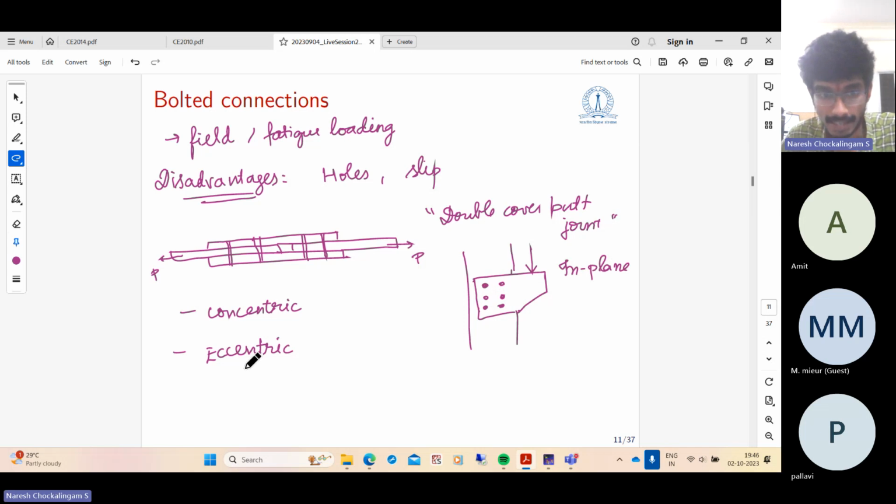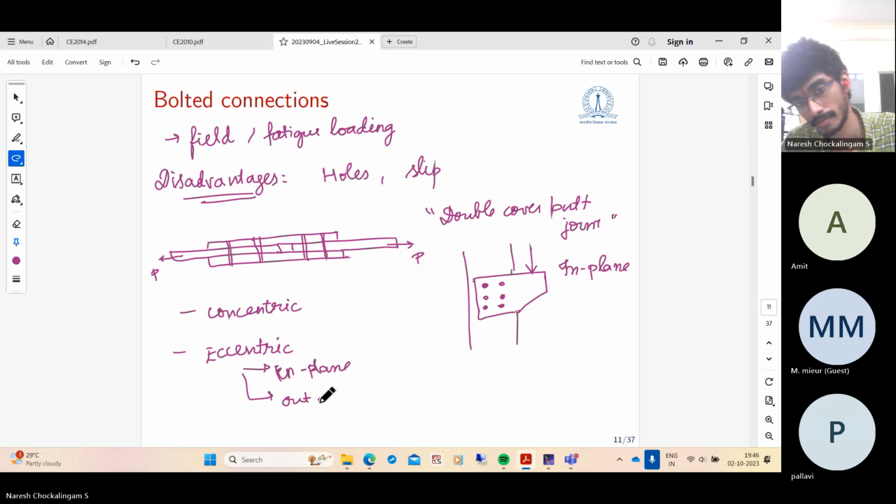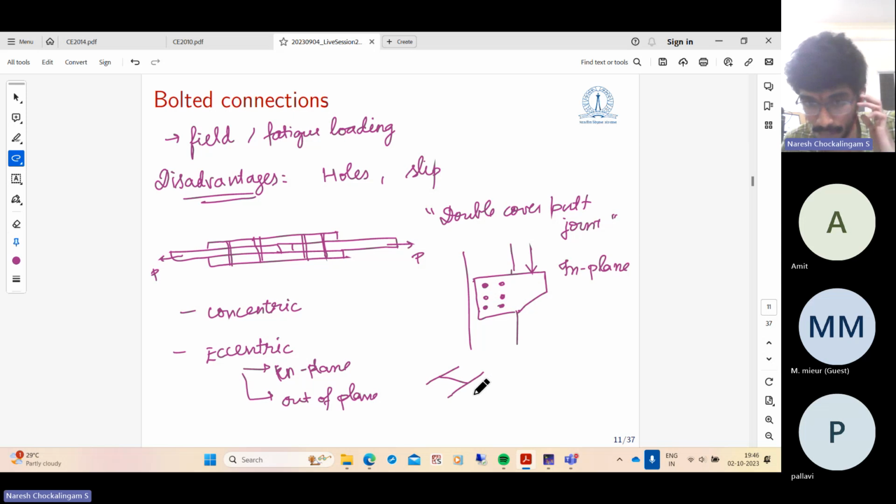We can also have eccentric out-of-plane bolted connections, which are also known as moment resisting joints. So it can be in plane or out of plane. For out of plane, you have the same example. This is the face of the column. Instead of welding a beam directly, you can have a base plate.